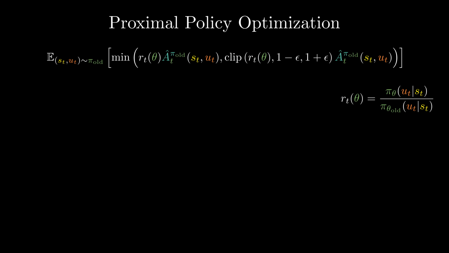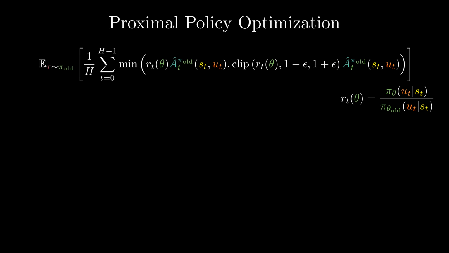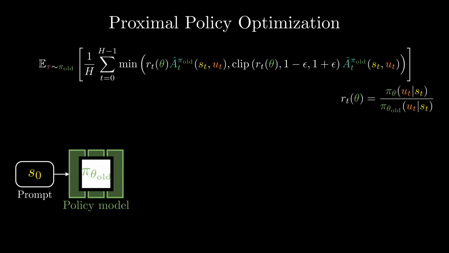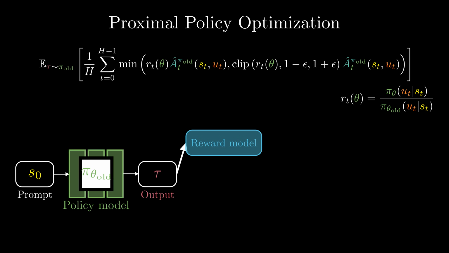Let's go back to the state action view along the path. Here's a simple illustration of how we compute an advantage function. We start with the question as the state S0. Then, using the policy model from the previous iteration, we generate a response denoted by tau. Next, a reward model evaluates this response and assigns rewards based on its correctness and format.